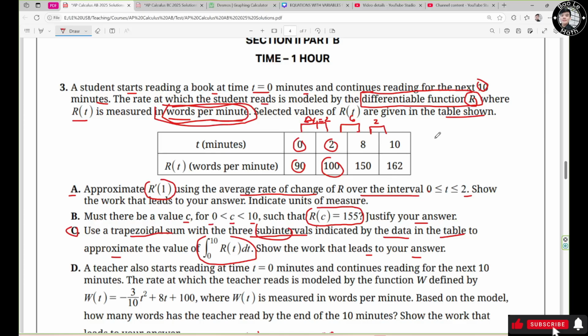Remember that the trapezoid area formula is given by base 1 plus base 2 times the height divided by 2. Now, from 0 to 2, base 1 is 90, base 2 is 100, the height is 2 right here, right?